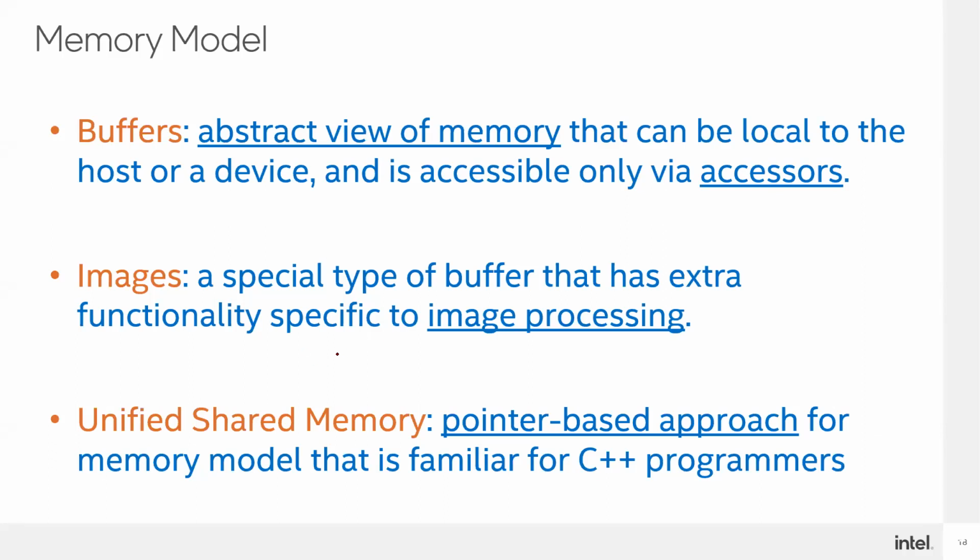There is also the unified shared memory approach, where you keep working with pointer-based programming. Both have benefits, advantages and disadvantages. There is also a corner case of buffers called images, but the approach with images is similar to buffers. It's still an abstraction, still one more container, it simply has extra functionality for image processing.